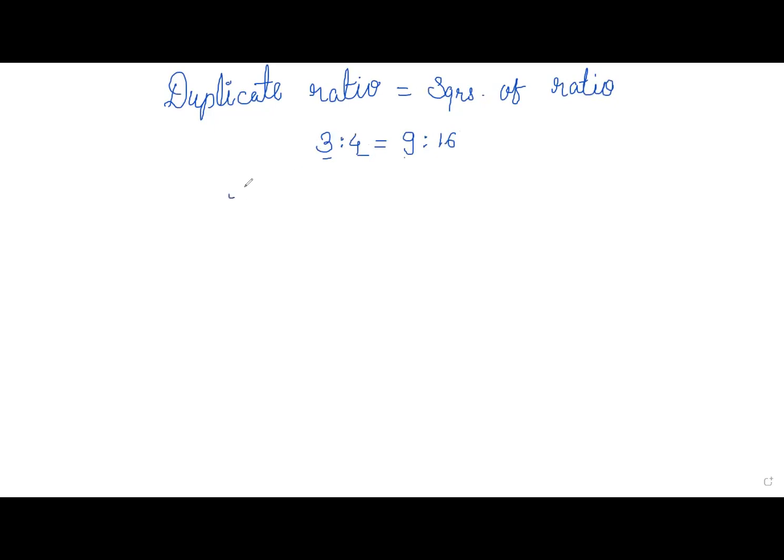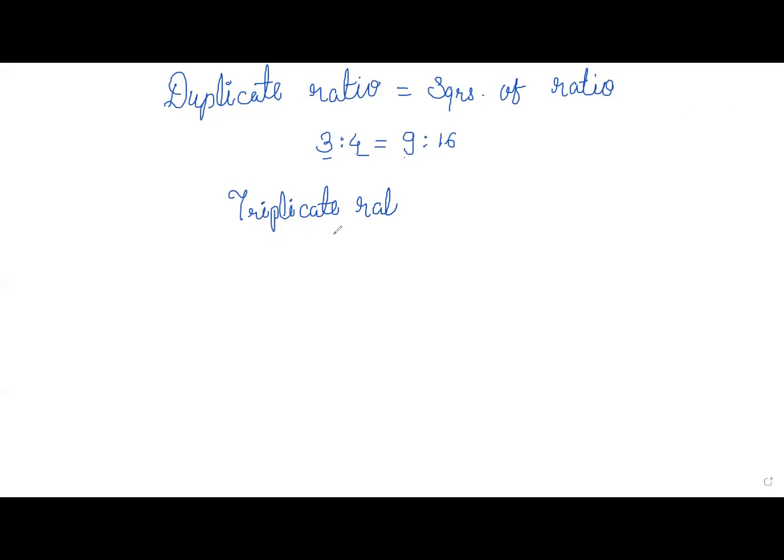Then triplicate ratio is nothing but cube of the ratio. Means general example, if you are taking a is to b, in duplicate ratio it will be a square is to b square.